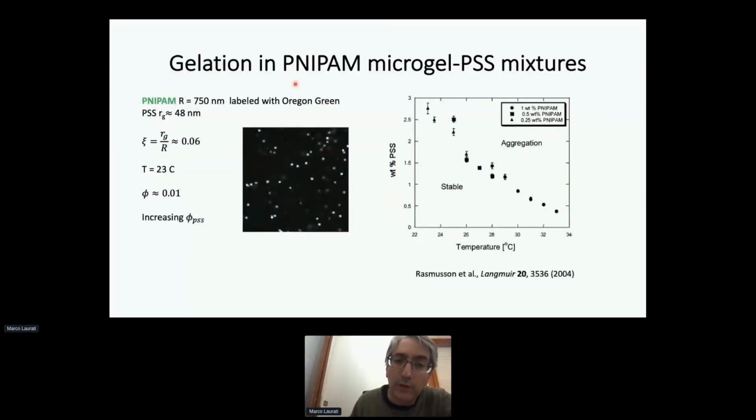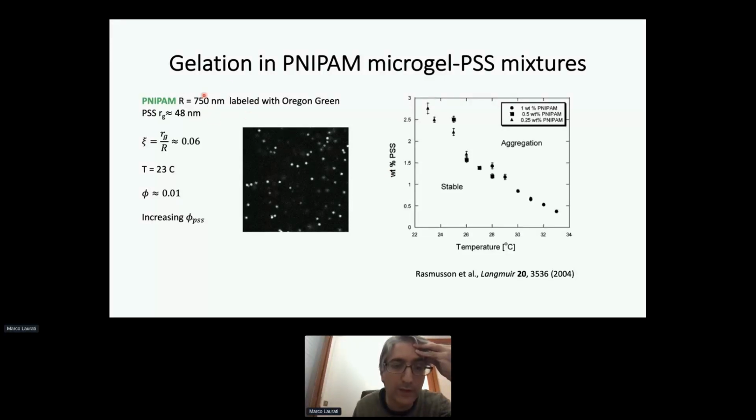So actually what we decided to study was not a mixture of microgels, but rather really a system closer to the classical hard sphere polymer mixture, which is a mixture of PNIPAM microgel and polystyrene sulfonate, which is also a system for which there are some old preliminary data which indeed show the presence of aggregation with increasing the amount of polystyrene sulfonate at fixed concentration, let's say, of the microgels.